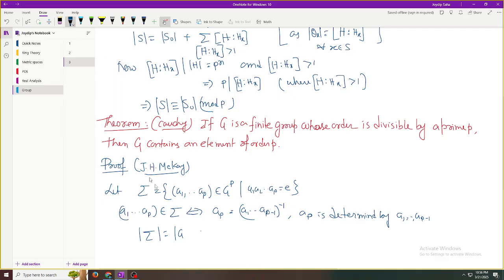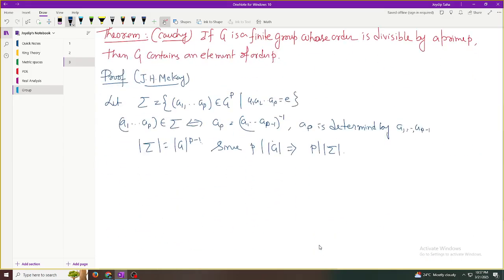Since p divides the order of G, this implies p divides the cardinal number of sigma.